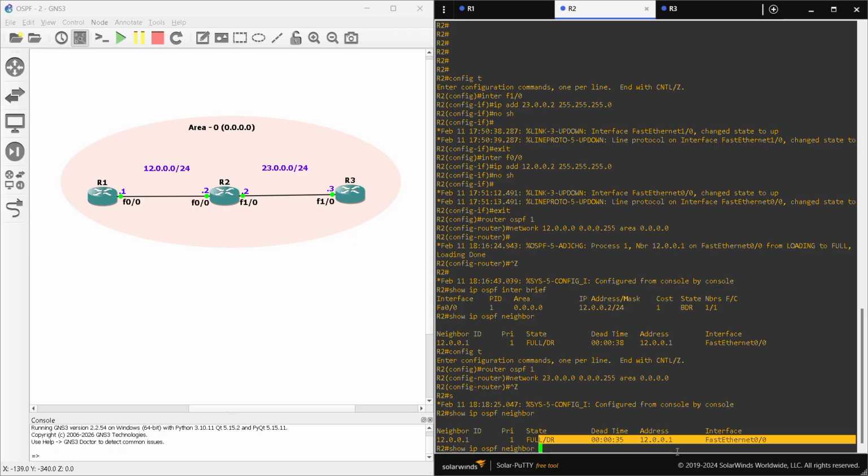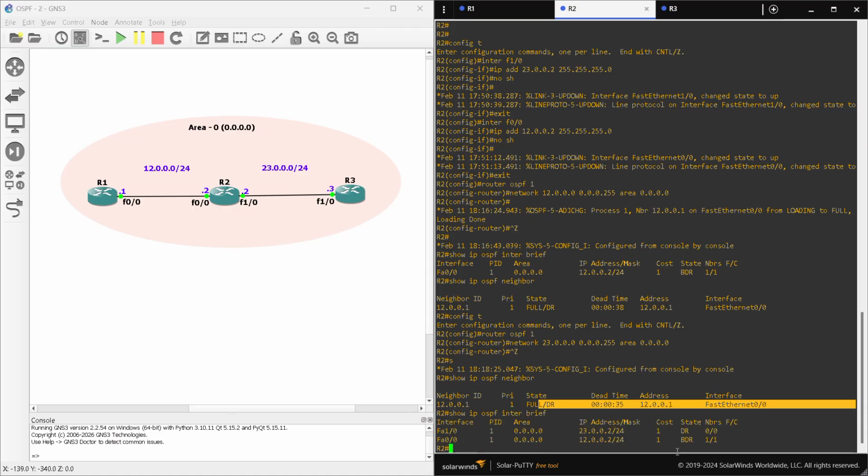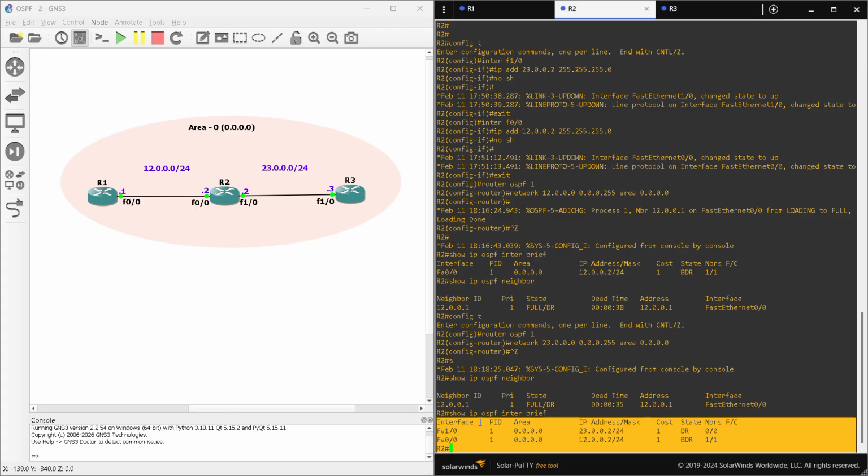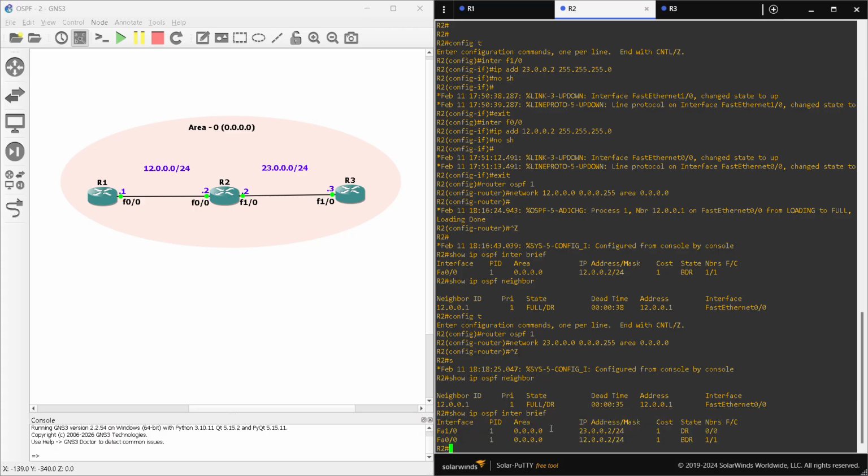Let's see the interface. Show ip ospf interface brief. It tells us on these particular interfaces OSPF is enabled. This is the area in which they are operating, this is the IP address with this mask, cost, and neighbors. In FastEthernet 0/0, it is saying I'm connected with the neighbor, which is true.